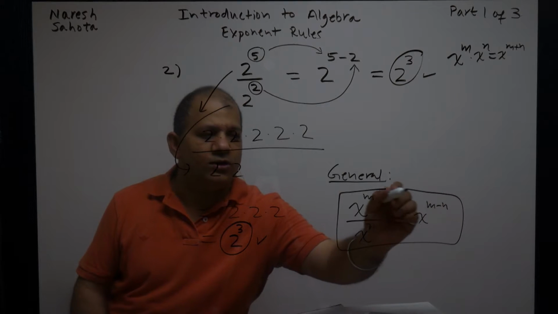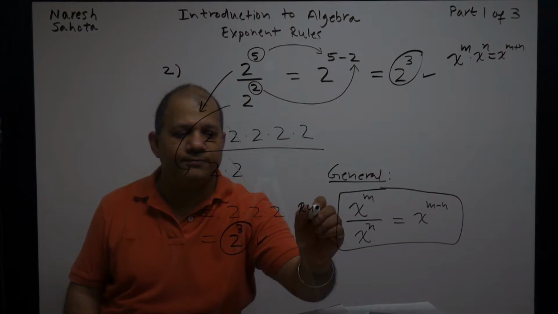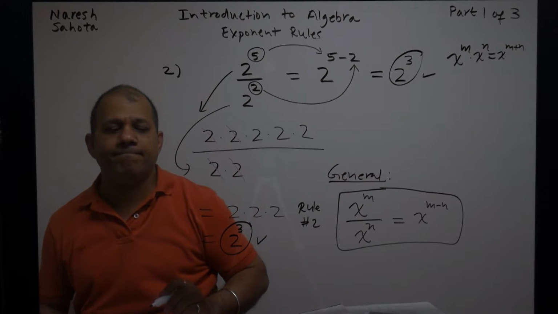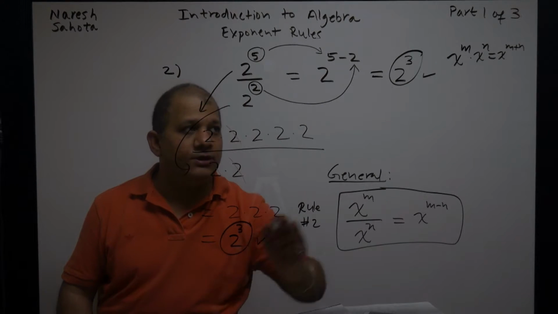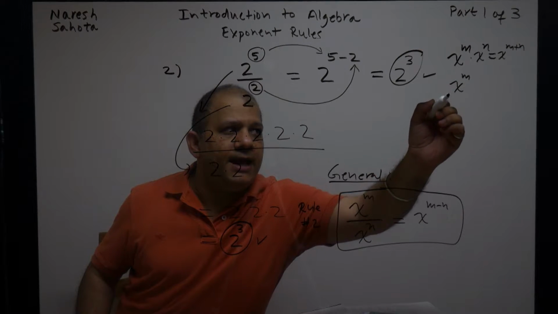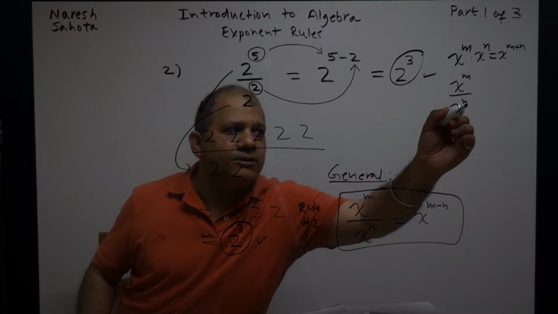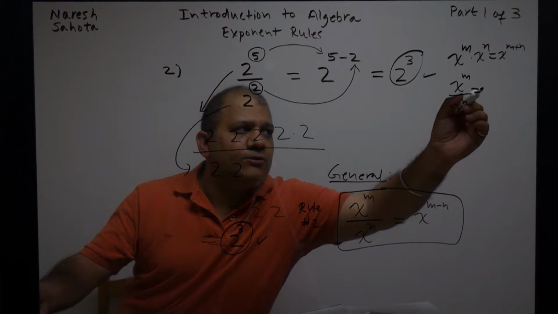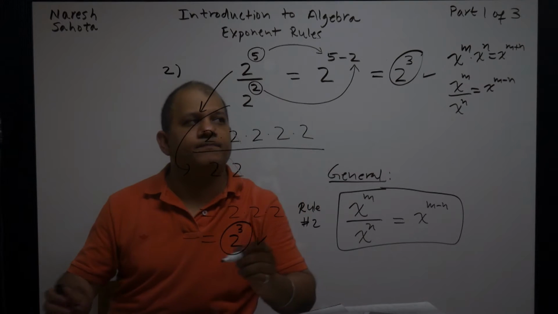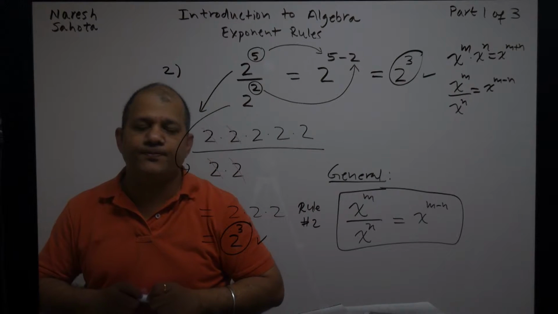So this is our rule number 2. Okay, so that's rule number 2, and I'm going to write it over here. So x to the m divided by x to the n, this would equal x to the m minus n. So that's our rule number 2.